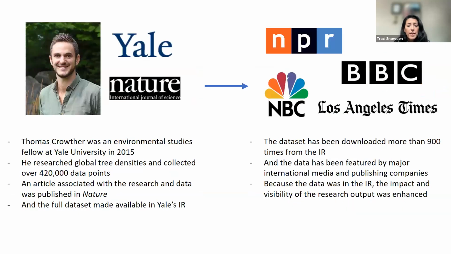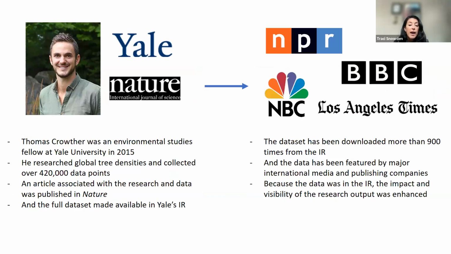The next example is Thomas Crowther, who is an environmental studies fellow at Yale, who interestingly collected over 420,000 data points about trees. His research was featured in numerous globally recognized media outlets such as NPR, NBC, and the BBC.